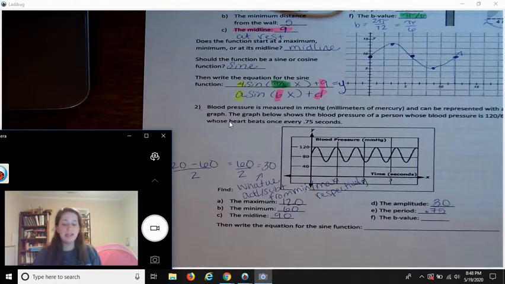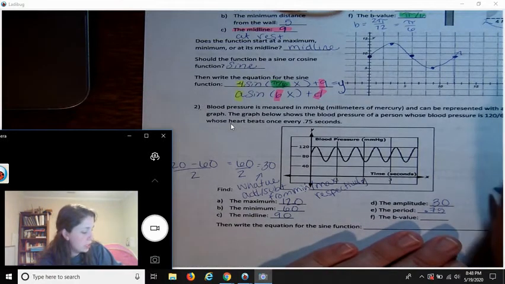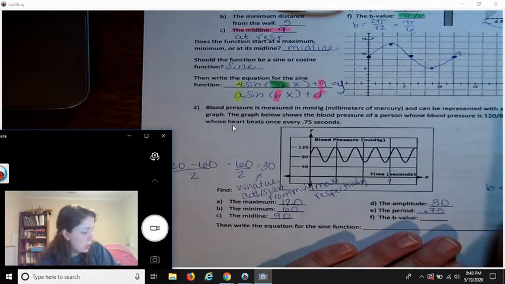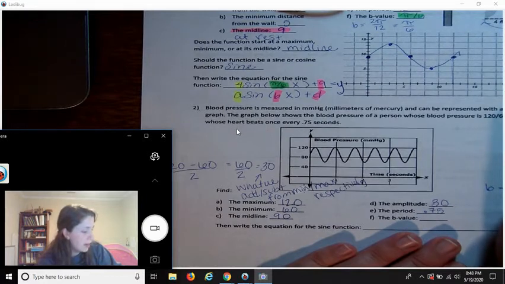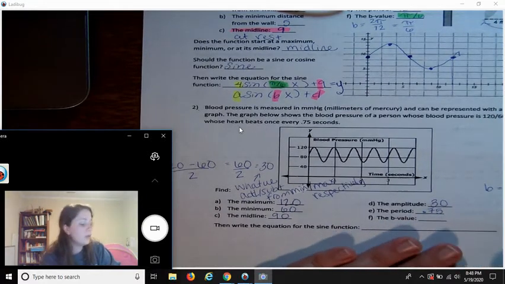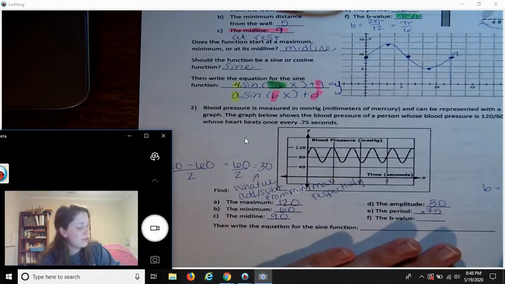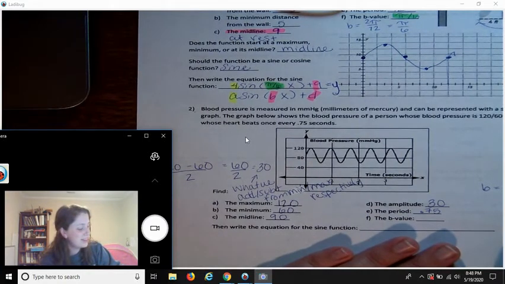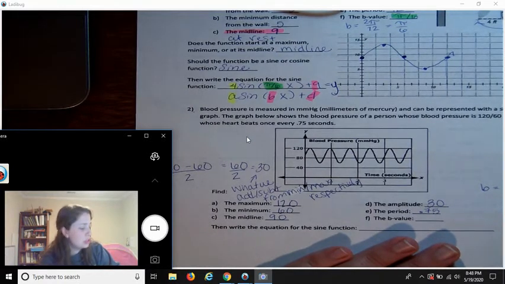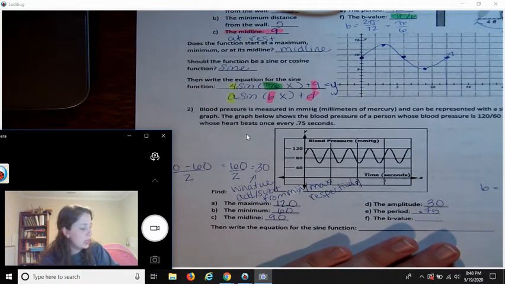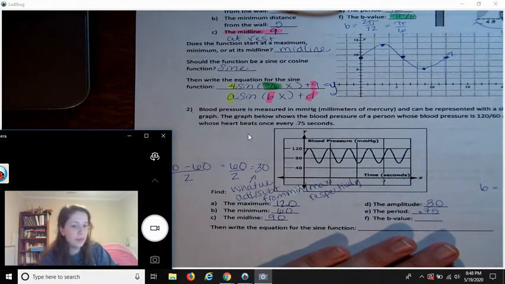So to find this B value, we know that our B should be equal to 2 pi over 0.75. I'm going to rewrite 0.75 as 3/4. Okay, so then this can be rewritten as 2 pi times 4/3, which is 8 pi over 3.